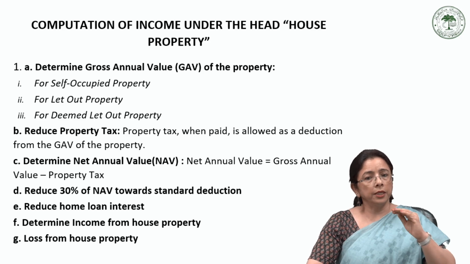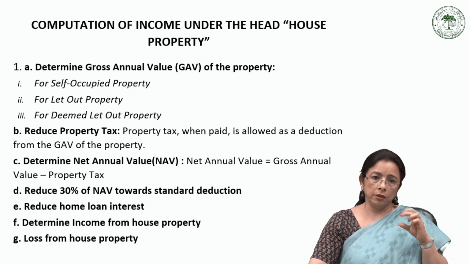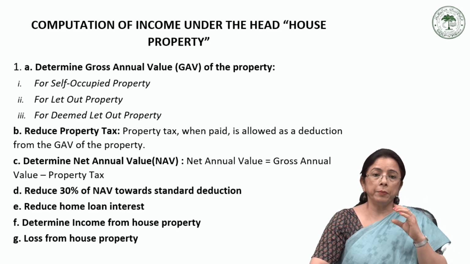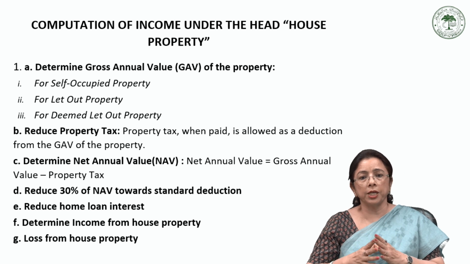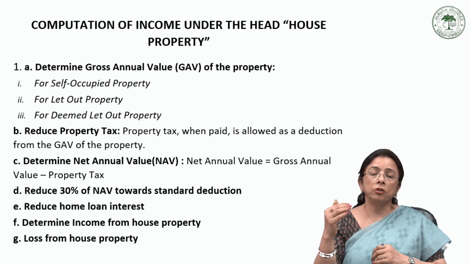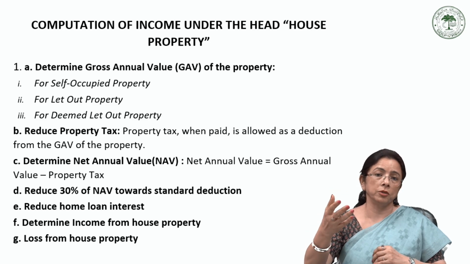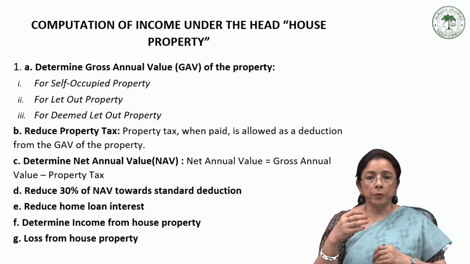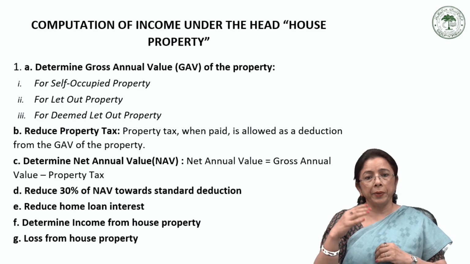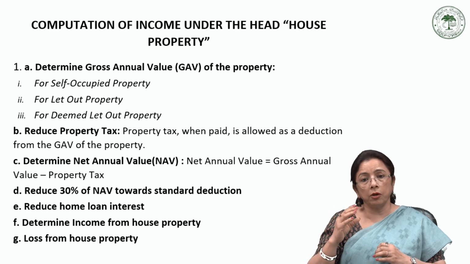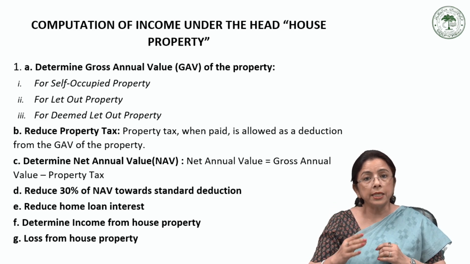Once we calculate the gross annual value, we then reduce it by property tax. That is, whatever taxes have been paid are allowed as a deduction from the gross annual value so computed. Now, the property tax which the owner pays during the previous year is the only amount that will be allowed to be deducted to arrive at the net annual value.